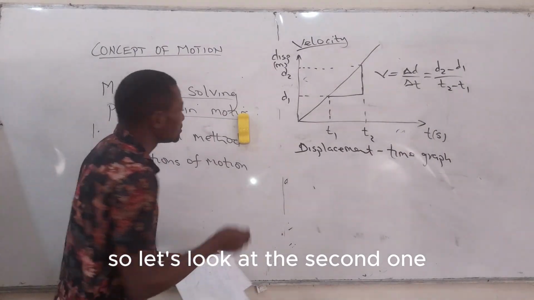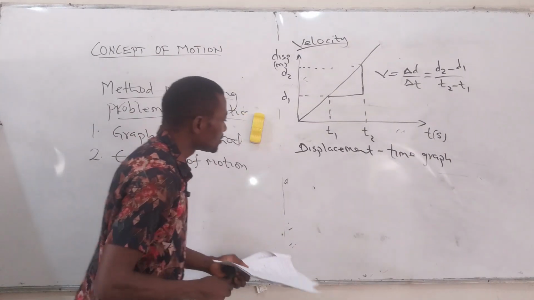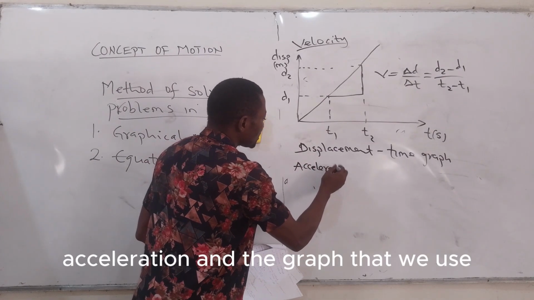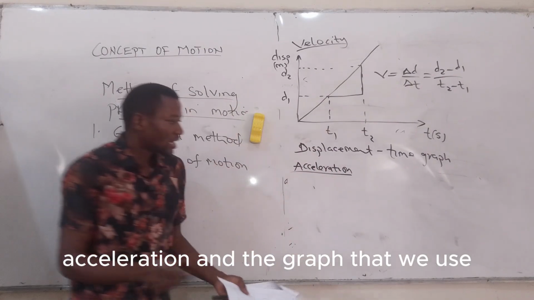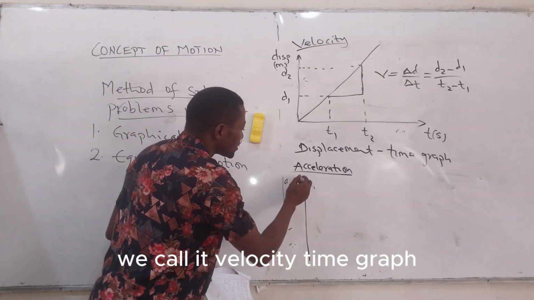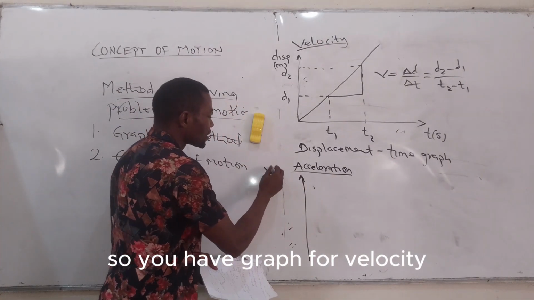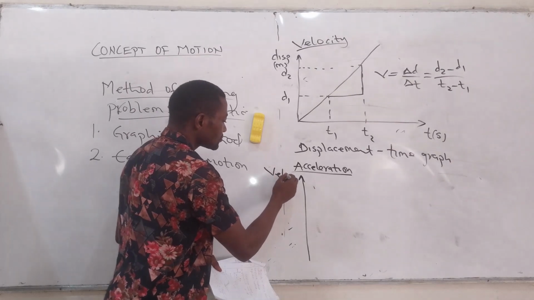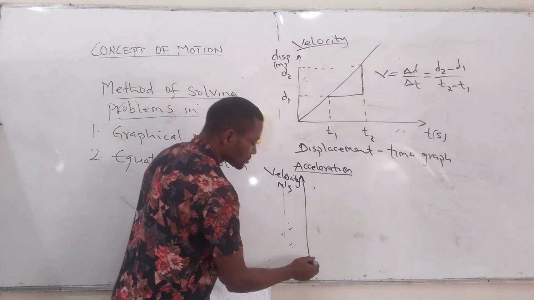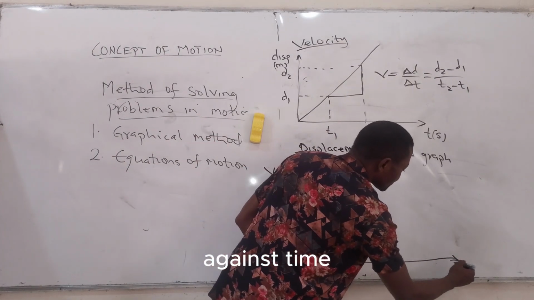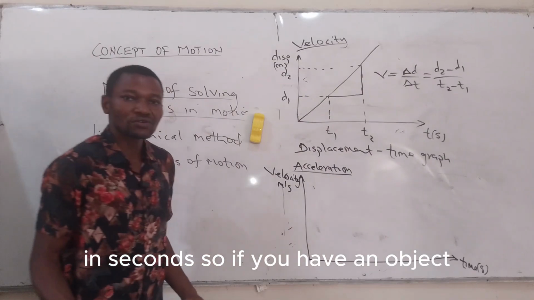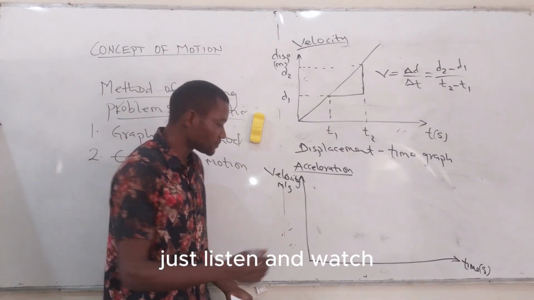So let's look at the second one. The second one is acceleration. The graph that we use, we call it the velocity time graph. So you have a graph of velocity in meters per second against time in seconds. Just listen and watch.